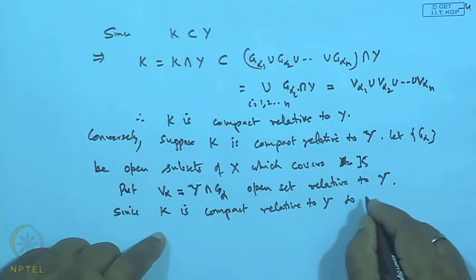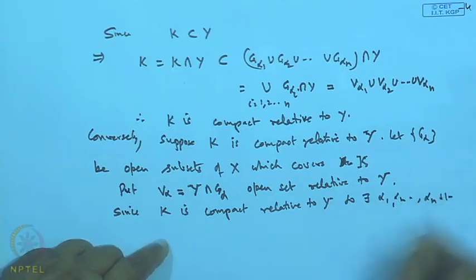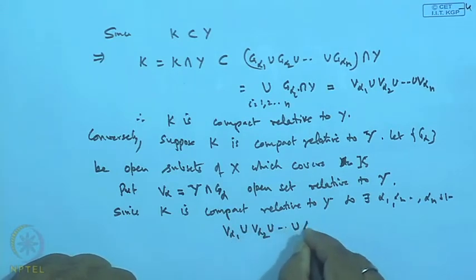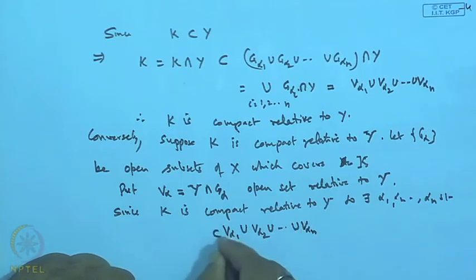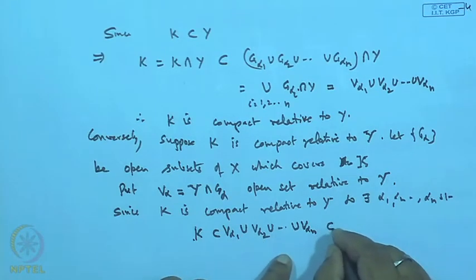So, there exist alpha 1, alpha 2, alpha n such that the union of V alpha 1, V alpha 2, V alpha n covers K. But V alpha 1, V alpha 2, V alpha n are subsets of what?